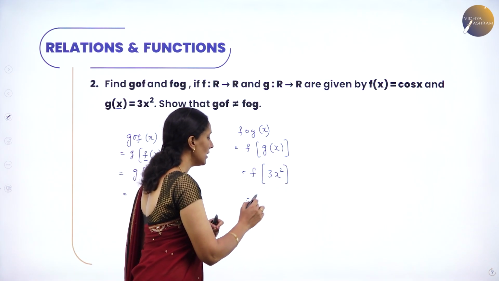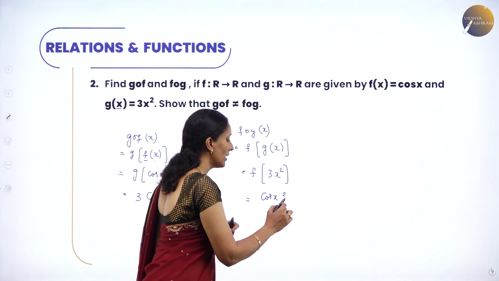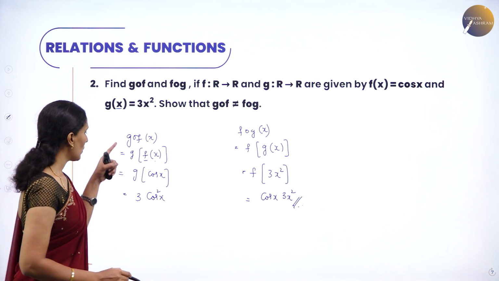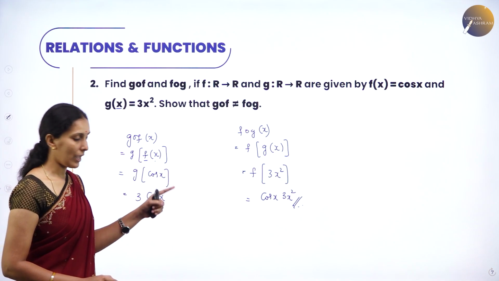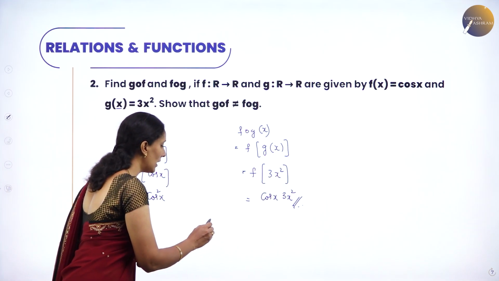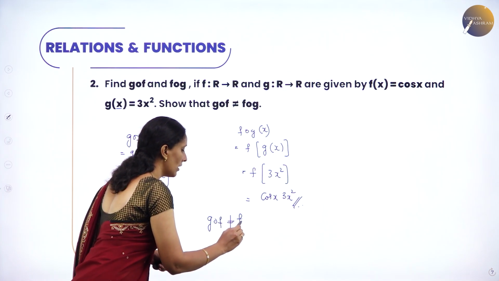So this can be written as cos. In the place of x, we will write 3x square. So this is the value. So clearly we can observe here, this is 3 cos square x and this is cos 3x square. So therefore clearly g naught f is not equal to f naught g.